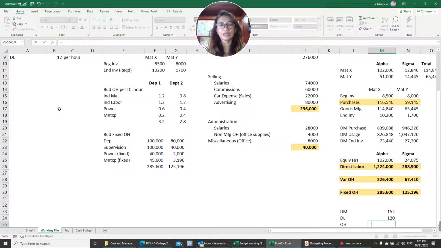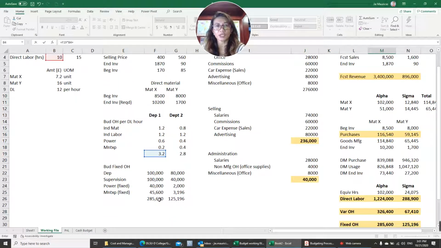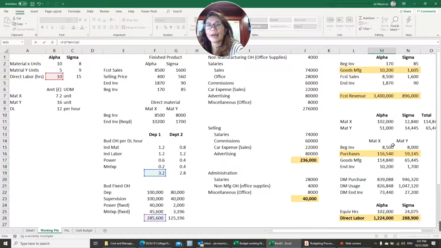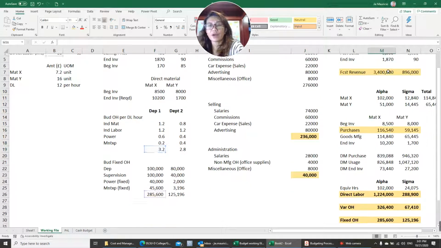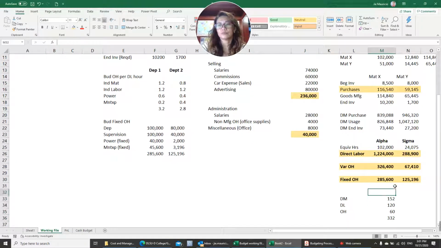And then your overhead is 3.2 times the number of hours, so there is a variable component, plus the fixed component, which is 285 divided by total goods manufactured.